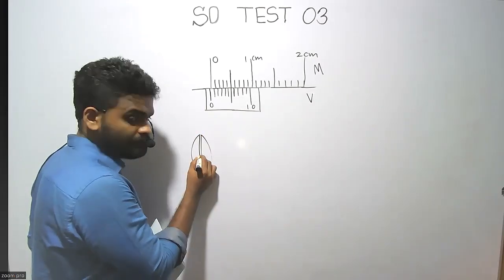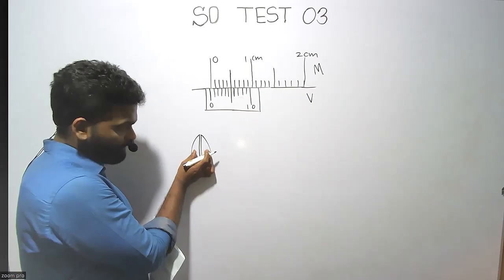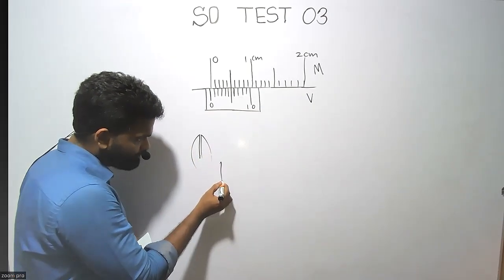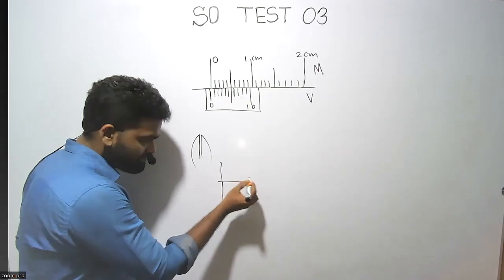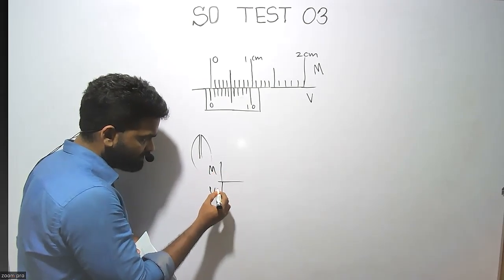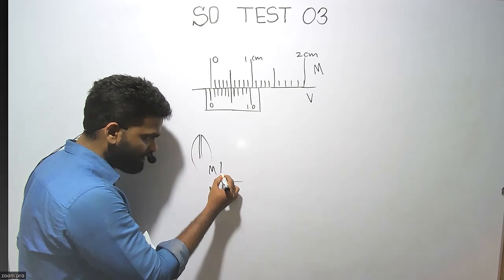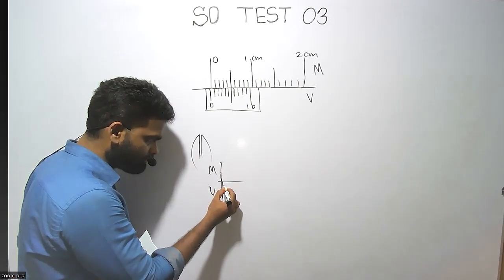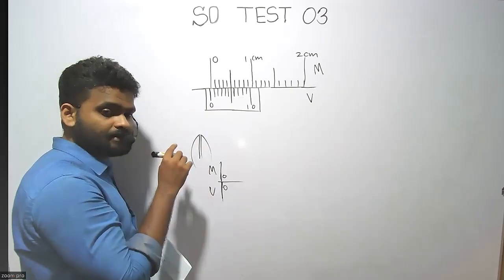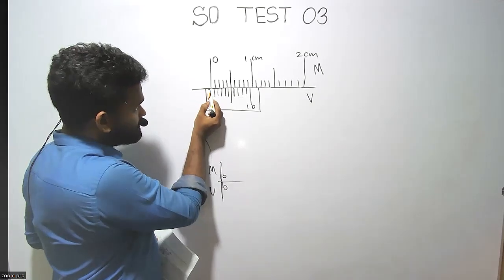So when these two touch, if it doesn't have any errors, so if this is the main scale and vernier scale, 0 of the main scale should coincide with 0 of the vernier scale. But what has happened is it is not coincided.